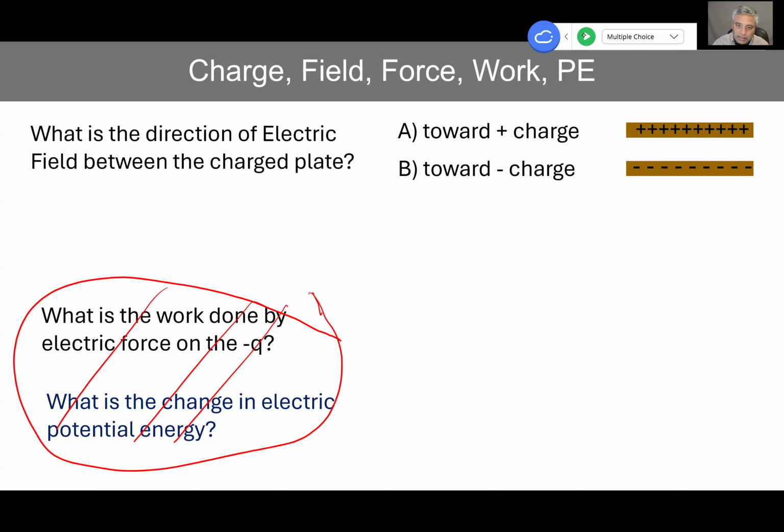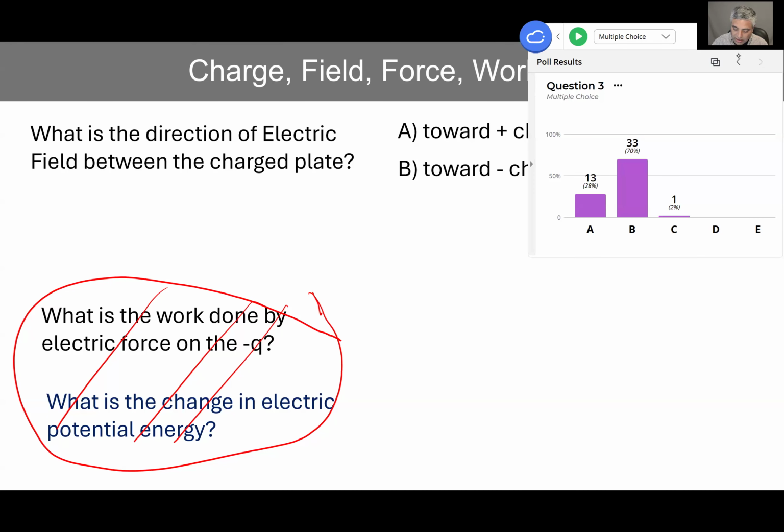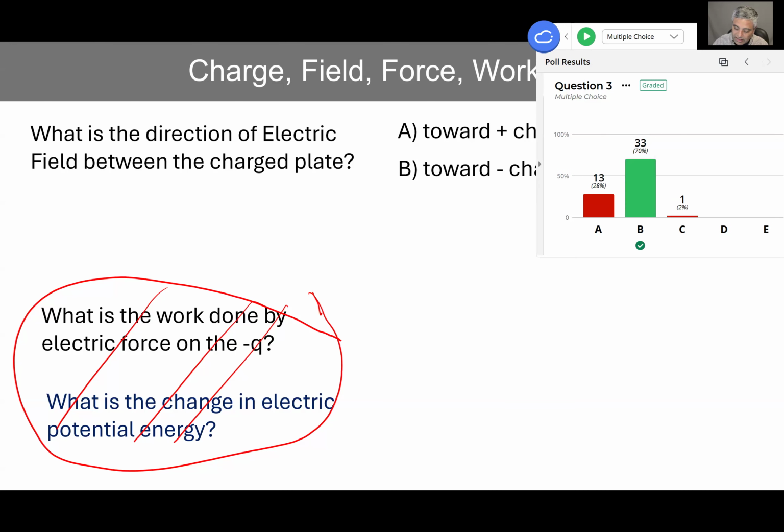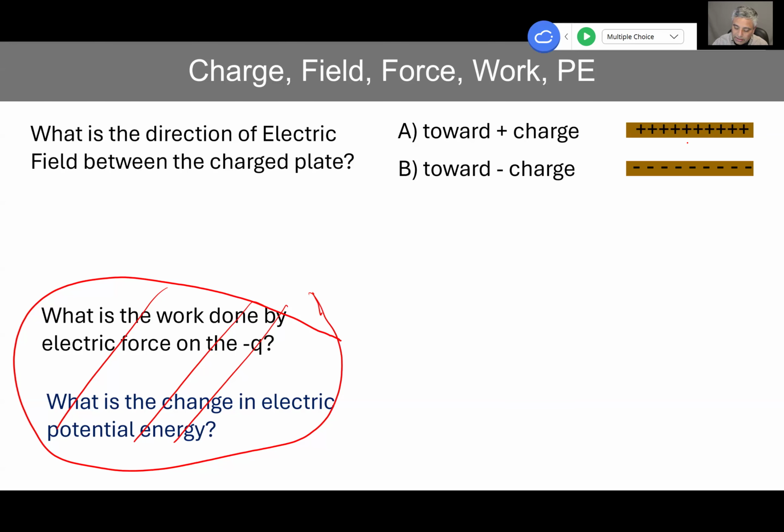Okay. Let's see what we got here. So towards the negative charge, that is correct. We learned that the field starts at the positive and ends at the negative. And so that's why B is the correct answer in this case.